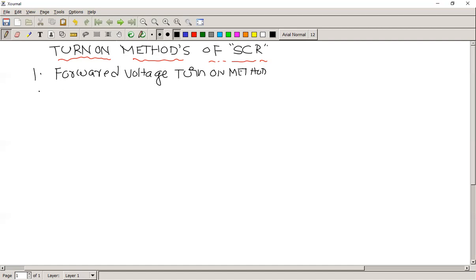The second one is the gate triggering, nothing but gate pulse, turn on method.